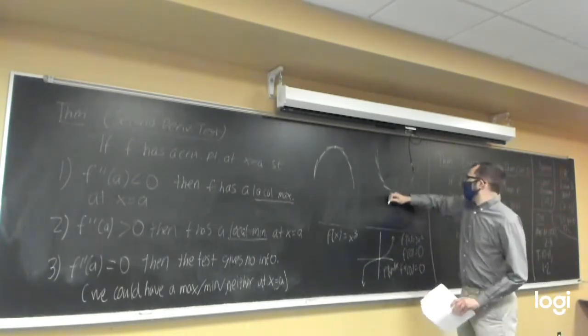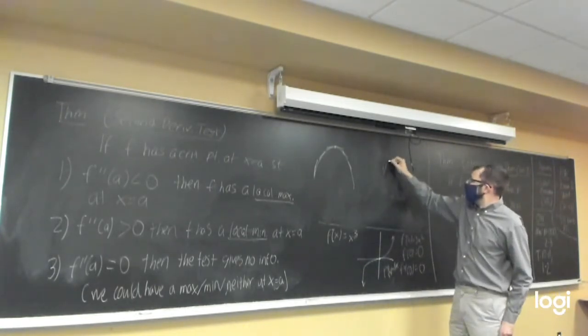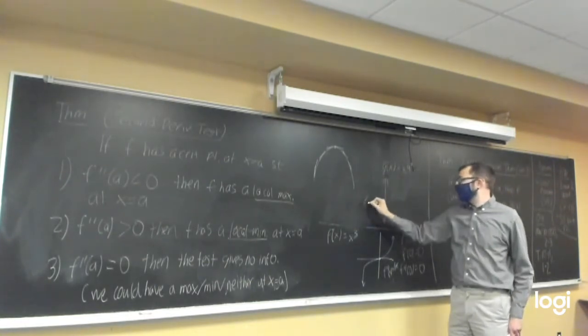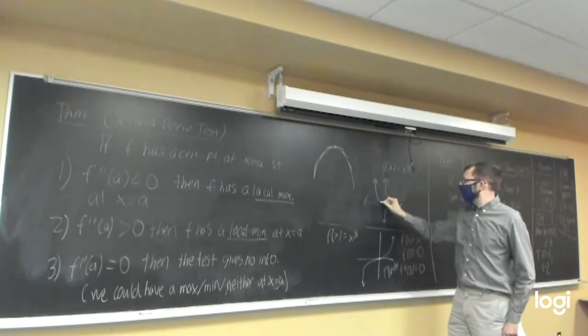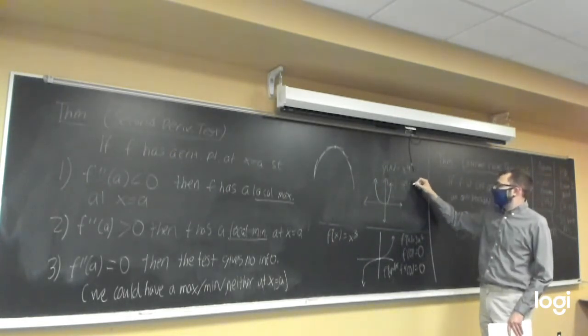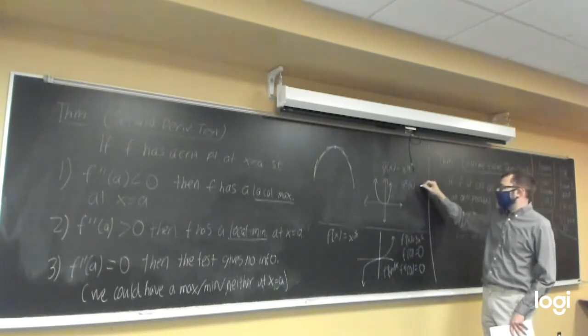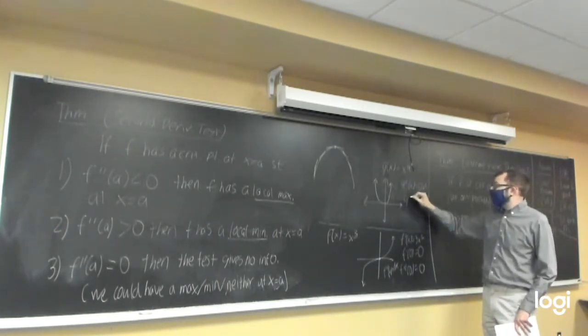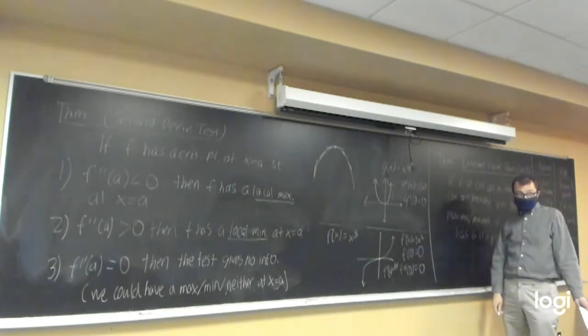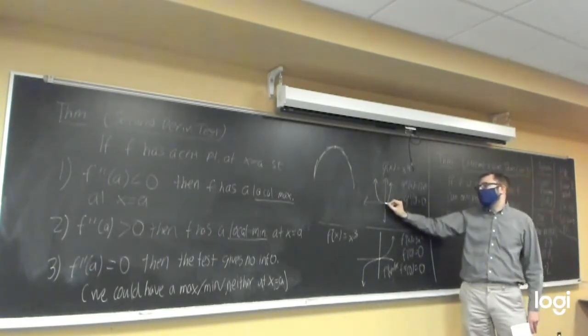But we could also have something like g of x equals x to the 4th, where g double prime of x is 12x squared, where at 0, our second derivative comes out to 0, and yet we still have a local minimum.